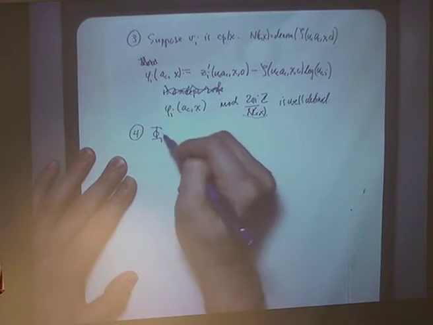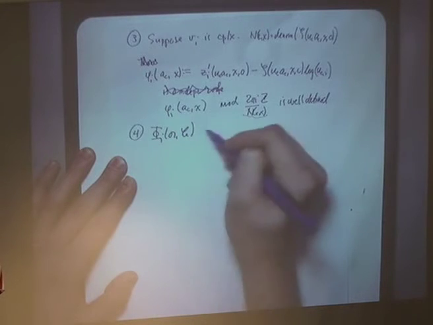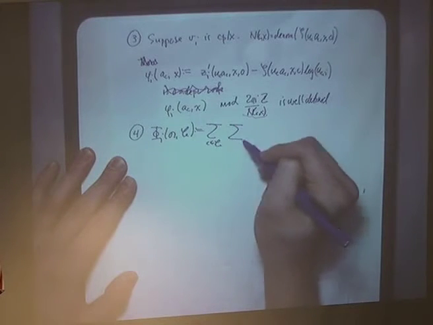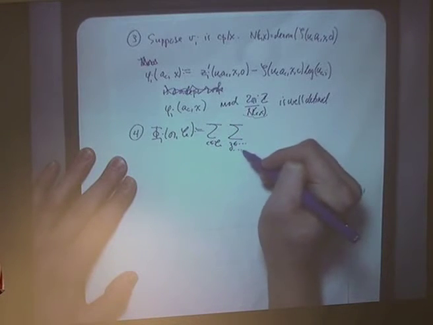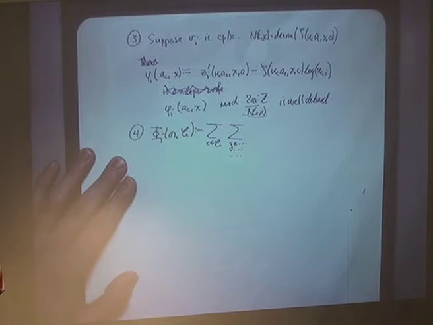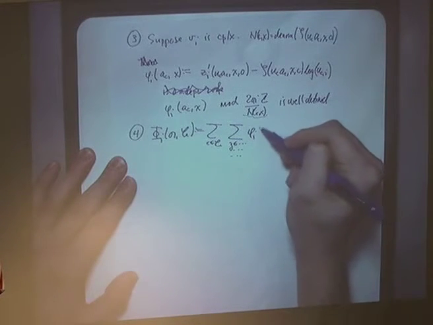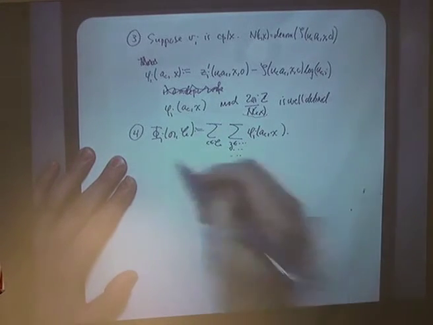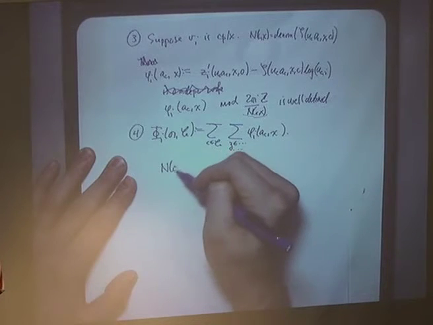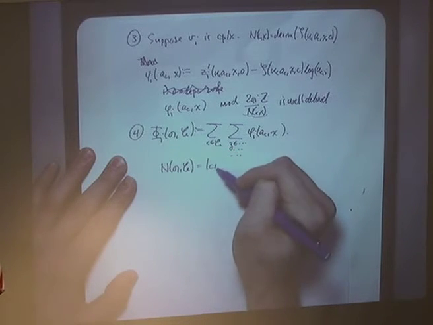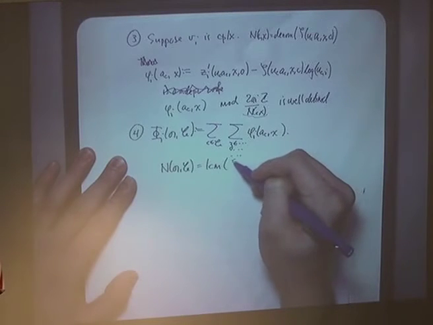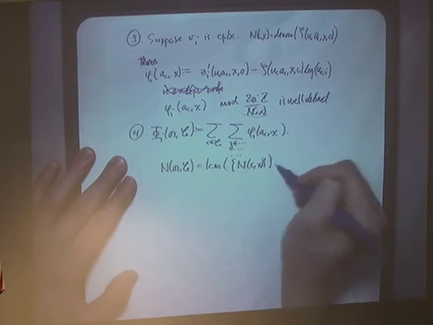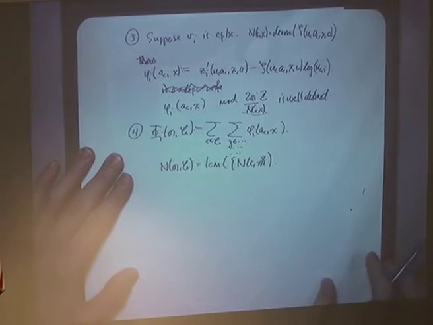Let me define big phi of AC to be the sum over all of our cones of the sum over all these points in the fundamental parallelogram associated to the cone of phi AC x. And let's set n AC to be the LCM of the finite number of quantities n cx, where these cx's are the ones that appear in the above summations.